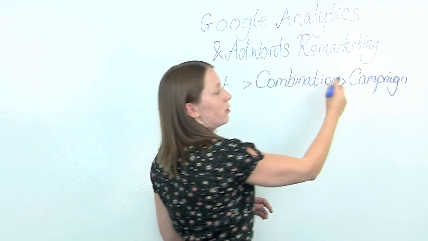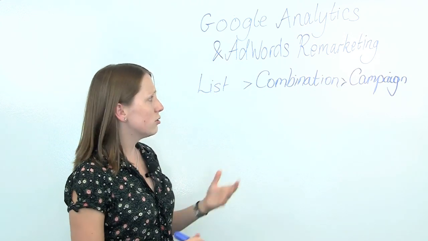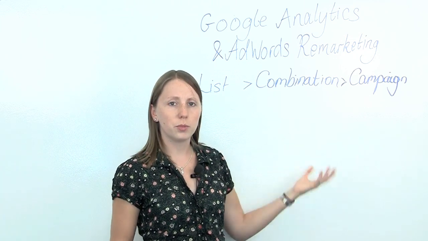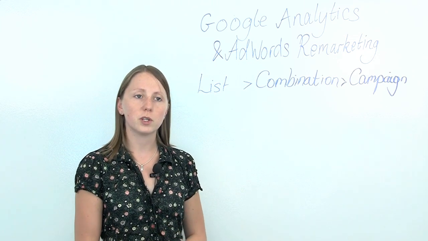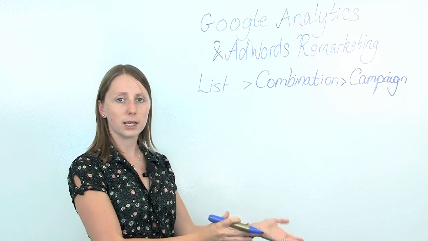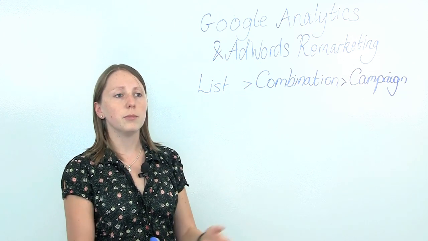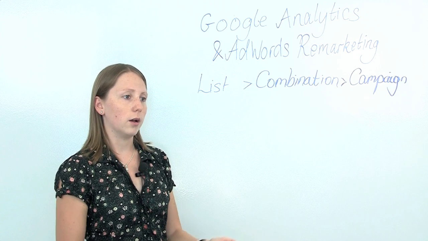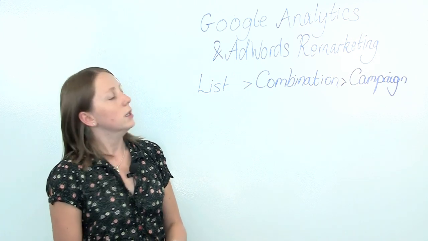So whichever way you do it, you've got to have a campaign for remarketing. I do recommend actually putting one list per campaign, because that gives you much better control over the budget. You can say, let's give £10 per day to the sale remarketing campaign, but we only want to give £5 per day to the remarketing campaign for anybody who bought red shoes but didn't buy blue shoes.